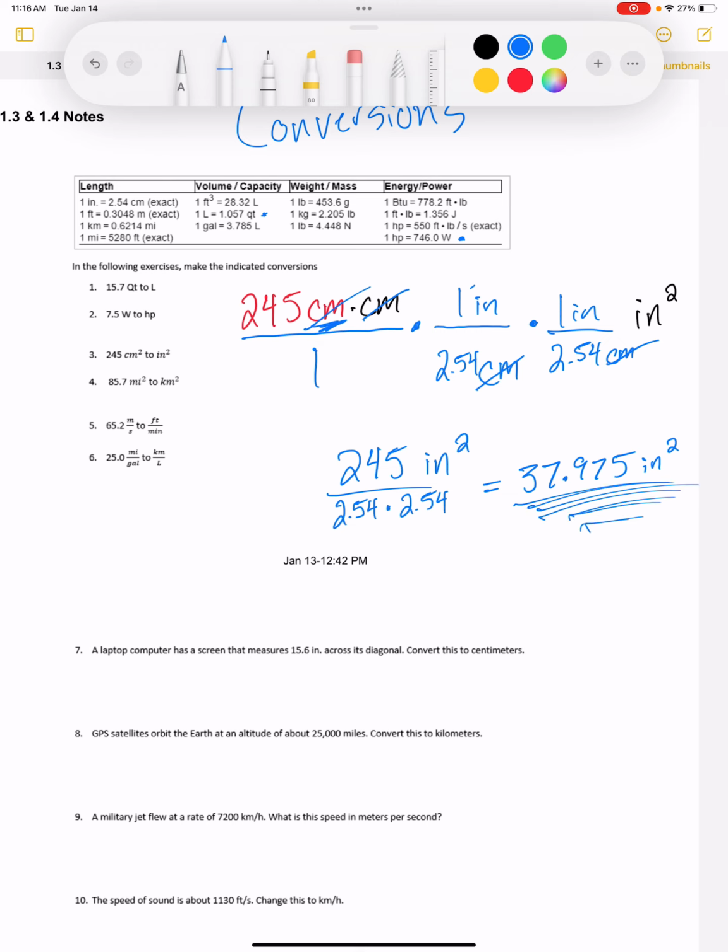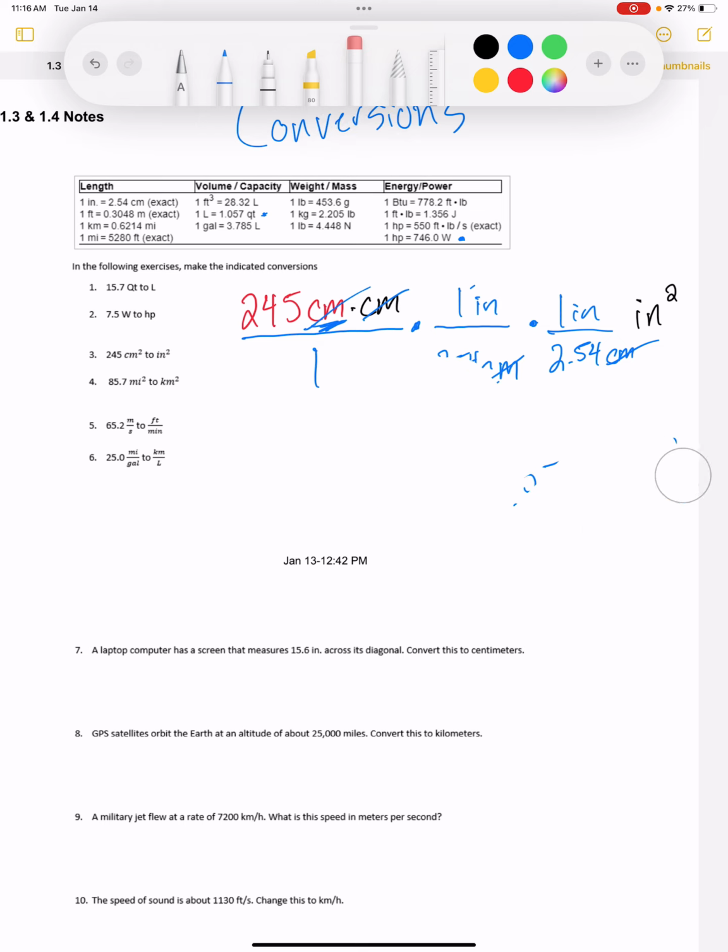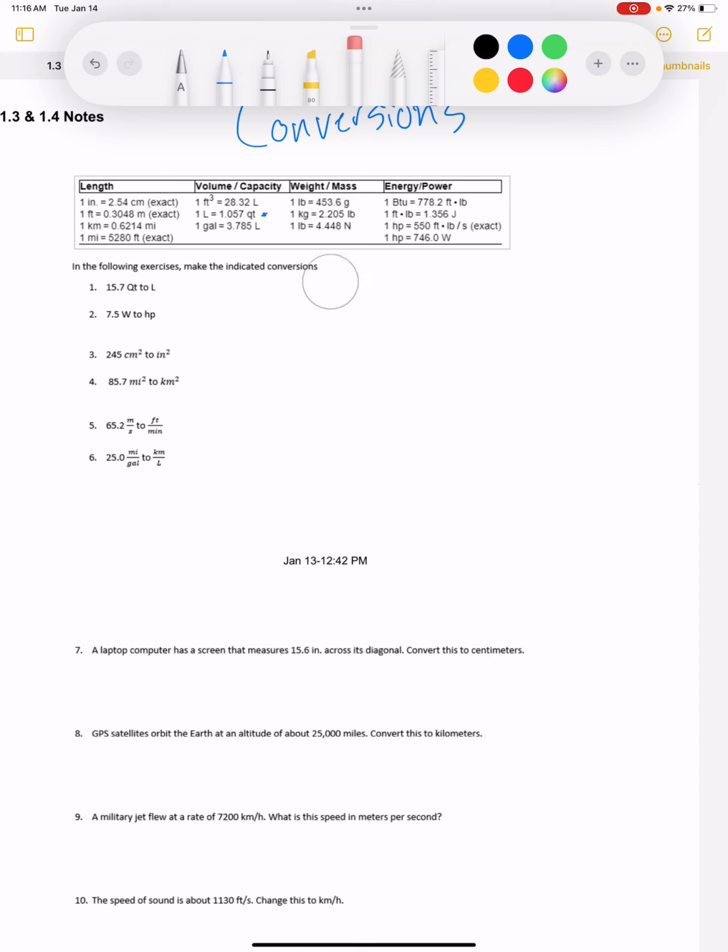I'll do one more and then I'll leave it at that. So we'll do miles per gallon to kilometers per liter. All right, so we'll see two different things being converted. So we're talking about 25 miles per gallon, and we want to convert it to kilometers per liter.